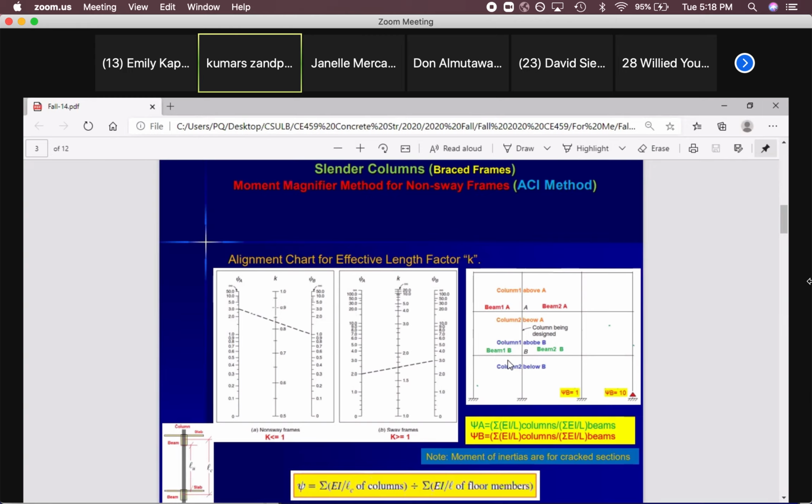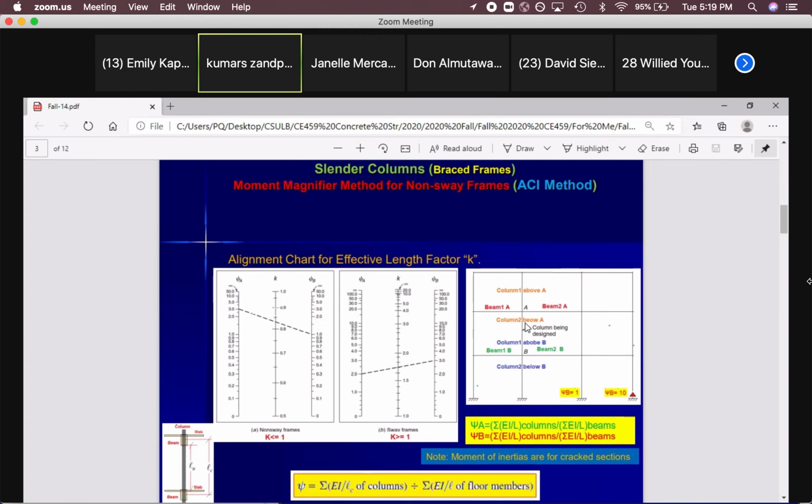And I know if we have a T section or not, because you, as a designer, know what size of the beam or slab is poured with the column you are designing. So we know all this stuff.